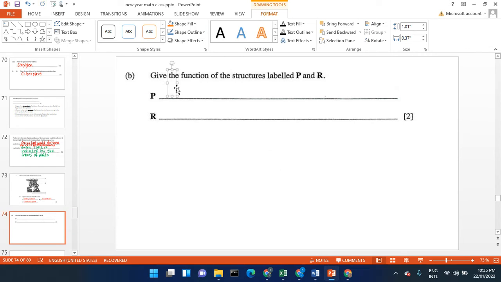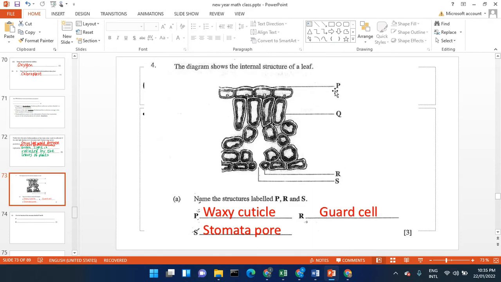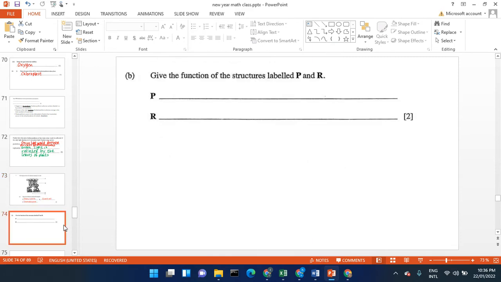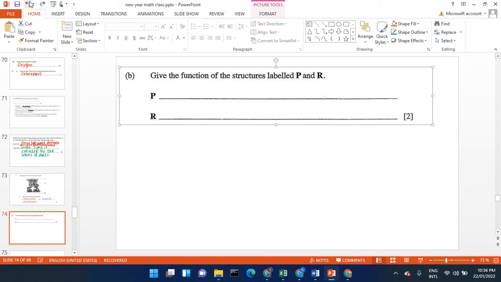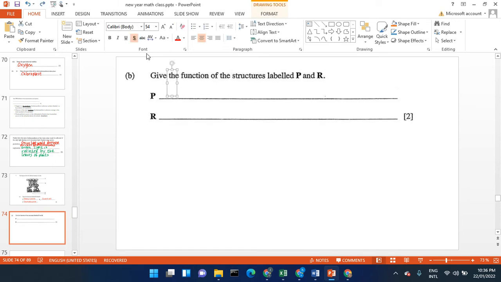For P, remember P points to the waxy cuticle. And the function of the waxy cuticle, we just add it. Let's make this lower in text.